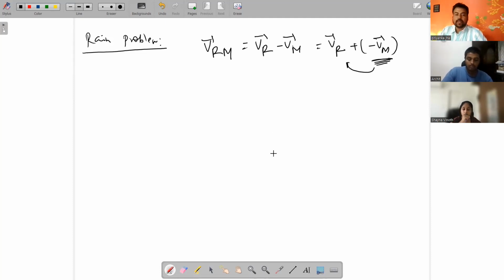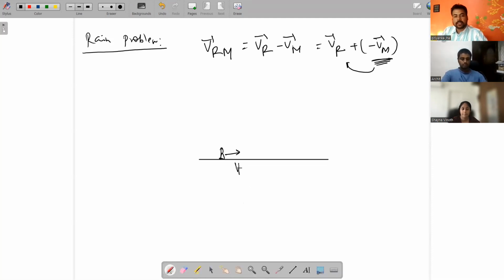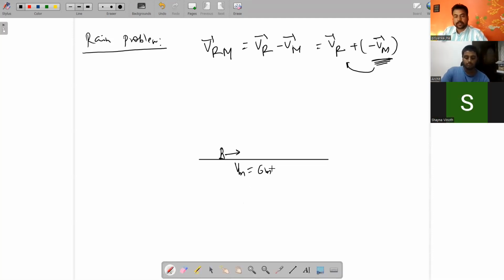Okay. Suppose, let me take one simple example. This is the ground. One man is running with some velocity. Let's say the velocity of man with respect to ground is 6 meter per second. Considering this is x and this is y.